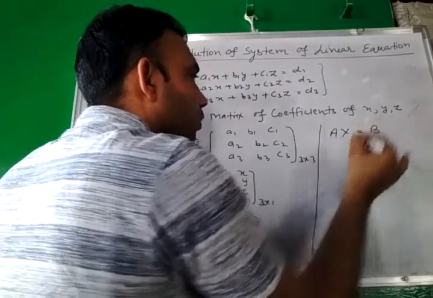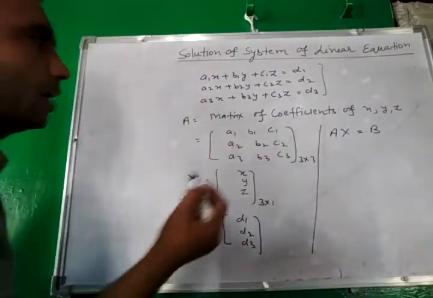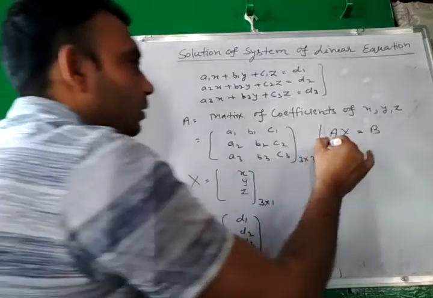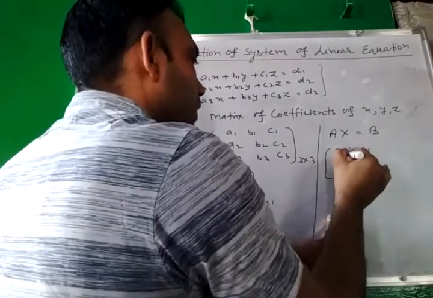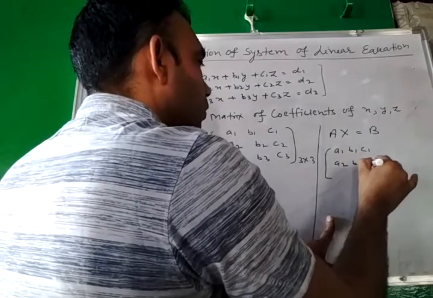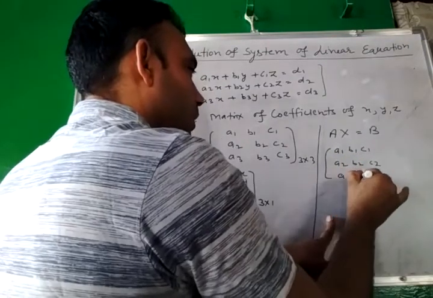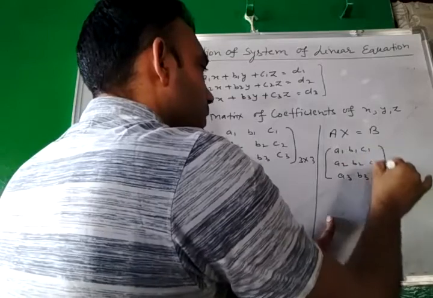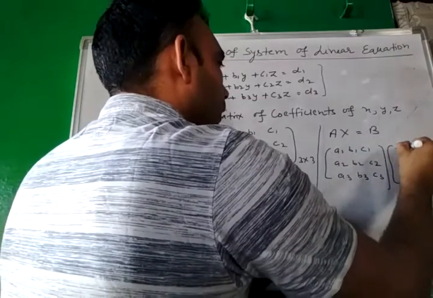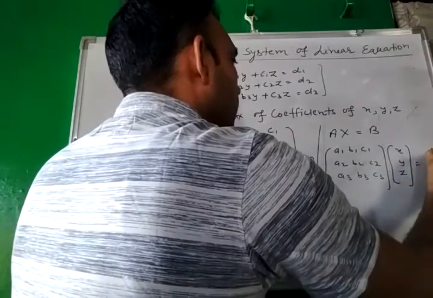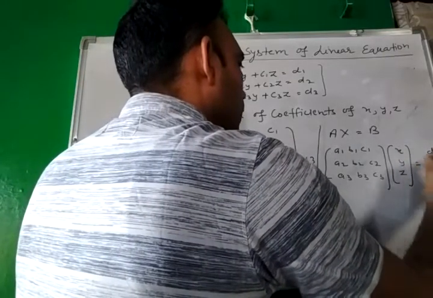So we can write this system of linear equations in the form AX = B. Here AX means the matrix A, with rows a1, b1, c1; a2, b2, c2; a3, b3, c3, multiplied with X. X is the column matrix of x, y, z, and B is d1, d2, d3.